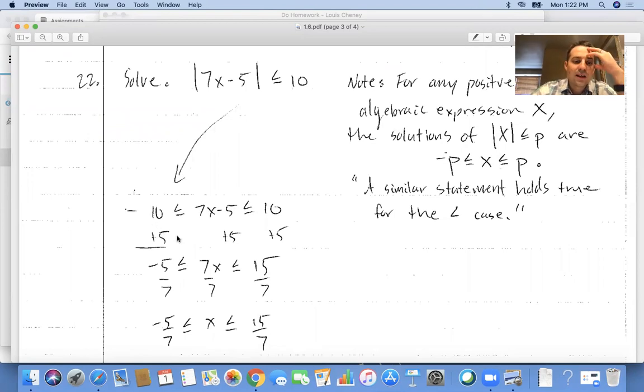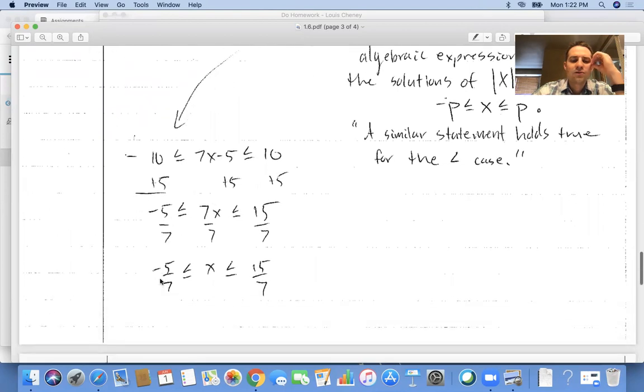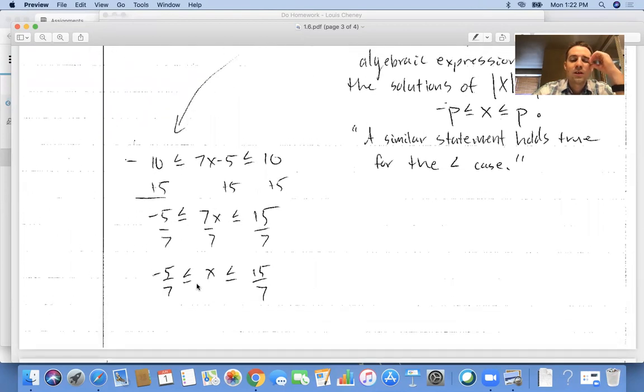And then you just add 5 everywhere. You get negative 5 is less than or equal to 7x is less than or equal to 15. And divide by 7 everywhere. So you get x has to be in between negative 5/7 and 15/7. Of course, we'll include those values because it is less than or equal to.